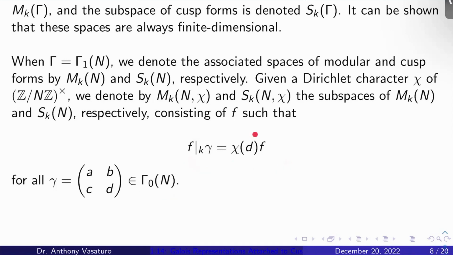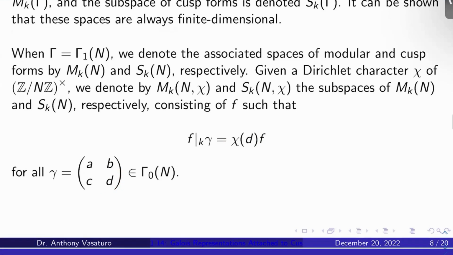They're invariant up to a twist of the character chi by d, where d is the lower right entry of little gamma in gamma_0(N).